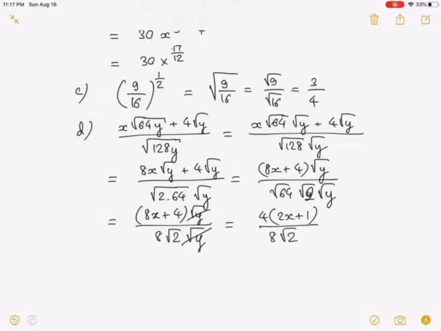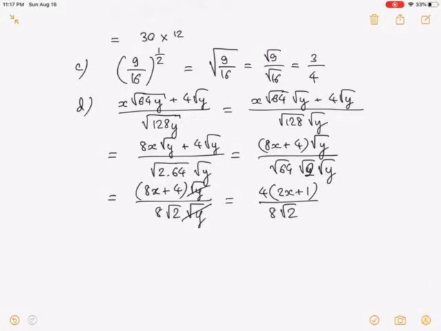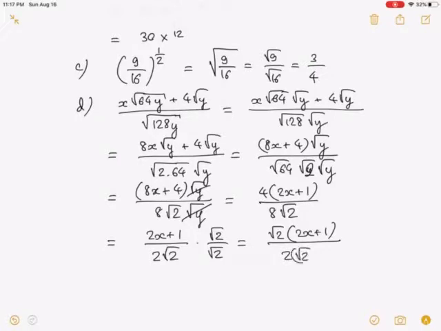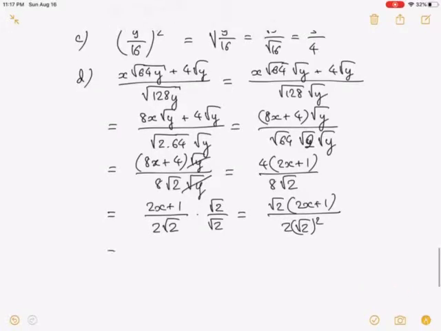And here we write 4 times 2x plus 1 over 8 square root of 2, it will be 2x plus 1 over 2 square root of 2. Because 4 divided by 8, it is 1 over 2. Next, we multiply with square root of 2. Square root of 2 times 2x plus 1 divided by 2 times square root of 2 squared.